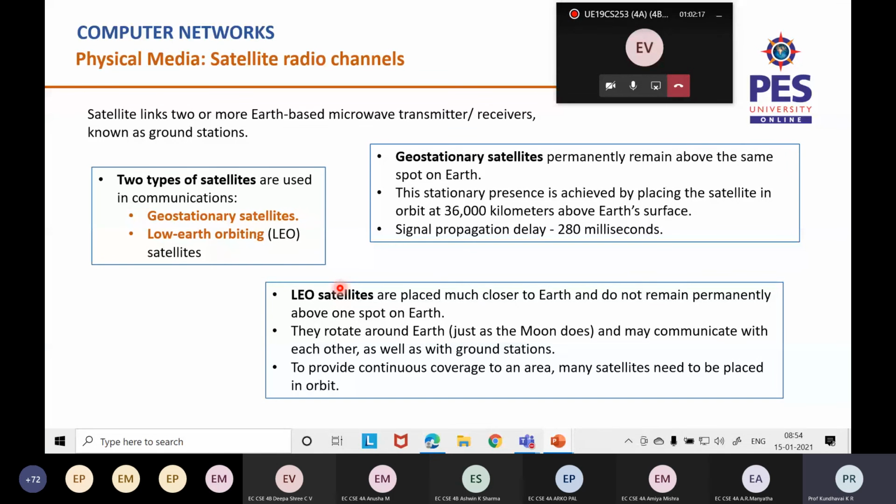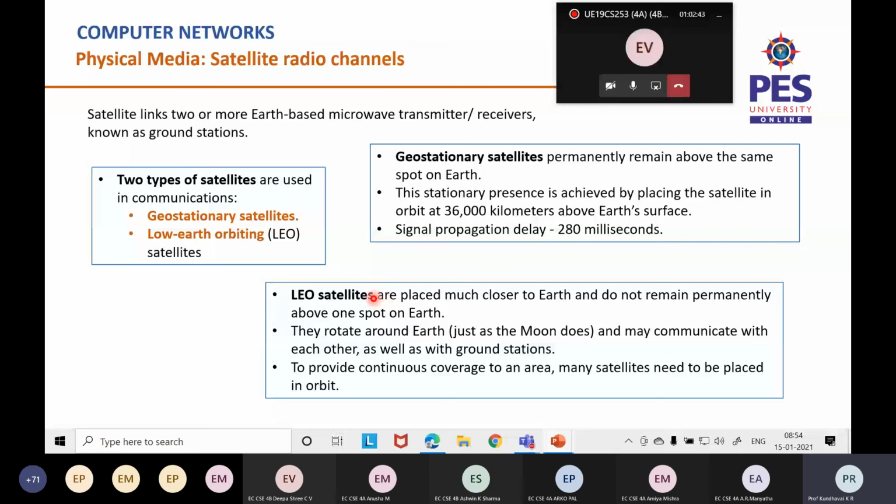And it's being said that these LEO satellites would be used for our near future internet supply. Don't know when, but it's just being said. To have continuous coverage on an area, many satellites need to be placed, and it's quite expensive. So in the near future, they are planning this.